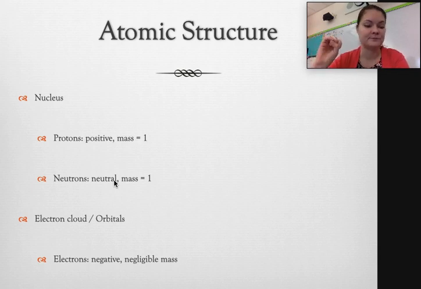And isotopes, in addition to having a different number of neutrons, also have a different mass because neutrons have mass. Okay, so when we talk about carbon-12, that would be a carbon with 6 protons and 6 neutrons. When we talk about carbon-13, it's going to have 6 protons because it has to, because it's carbon, and that's how it's defined, but it's going to have 7 neutrons, okay? So those are isotopes.